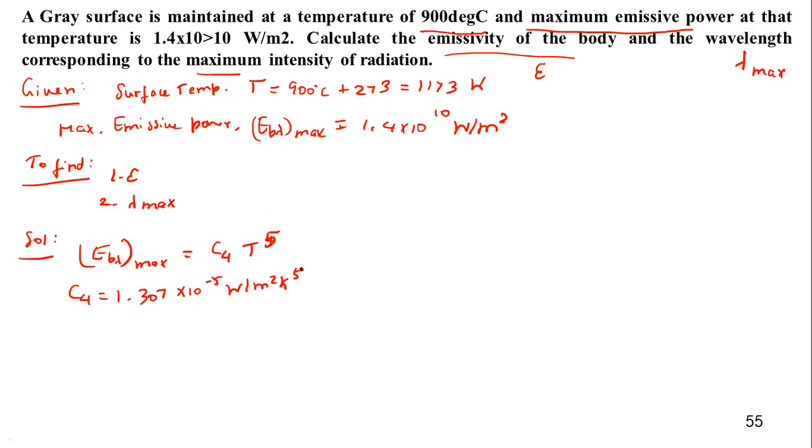Substituting the C4 value, E_b lambda max is equal to 1.307 into 10 power minus 5 watt, into the surface temperature to the fifth power, 1173. Substituting the values, we get E_b lambda max.